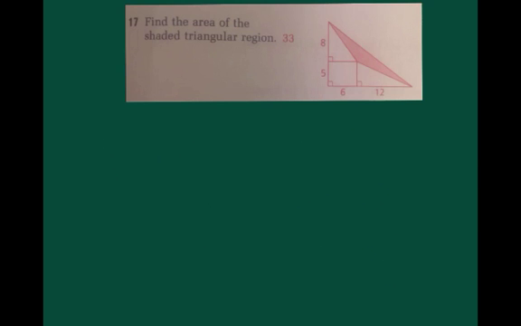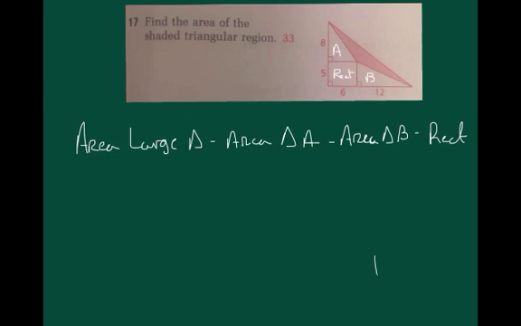Number 17 on page 521 presents another common theme, and that is finding the area of a figure indirectly. So I don't know a formula for the shaded triangle. I don't have an altitude and I don't have a base for this triangle. So what I'm going to do is take a different approach.